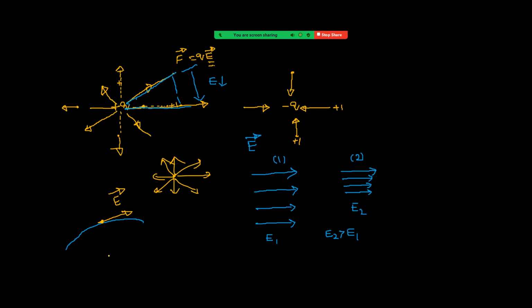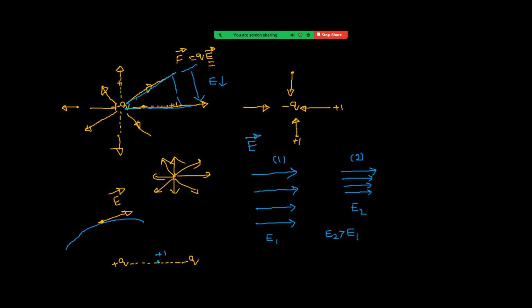For example, take a positive point charge here, and this is a negative charge. If you consider a unit positive charge in between the charges, positive repels positive and negative attracts positive.